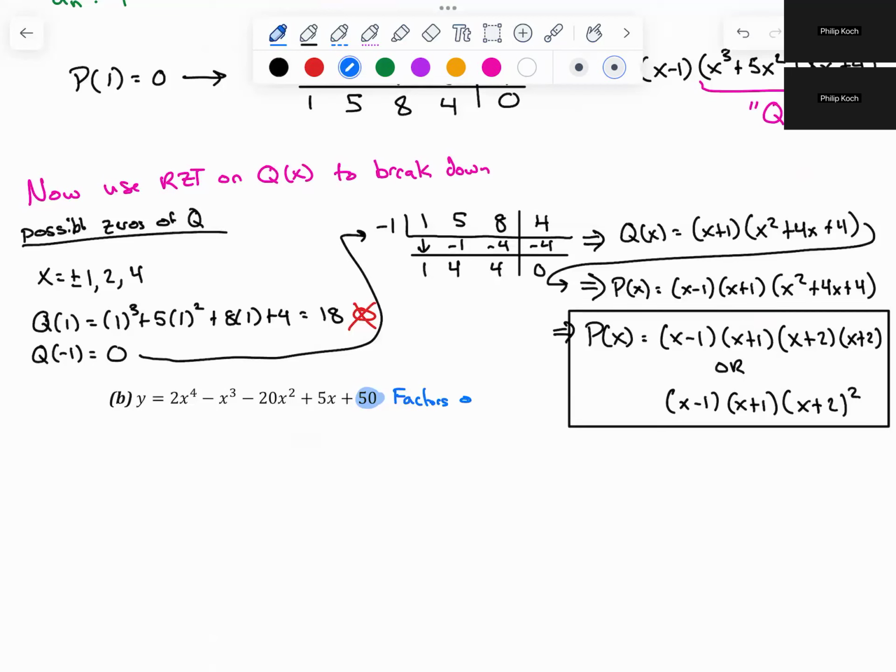Factors of a sub 0 are 1, 2, 5, 10, 25, and 50, right? Any other factors of 50? 50, of course, and then 50 divided by 2, that's 25, so that gives you the other one. 5 divided by 10 gets you the other one. Don't think there's anything else.